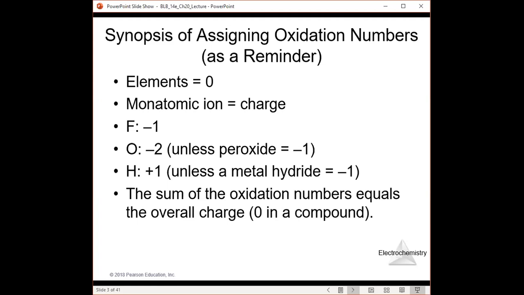There's a reason for that. You have to assign oxidation numbers because now we're going to work on balancing equations, but balancing half reactions. And I know you guys are going like, we know how to do that already. Well, this works a little bit different.